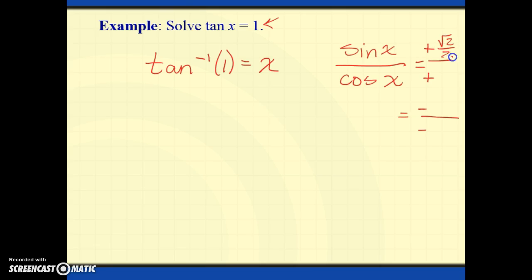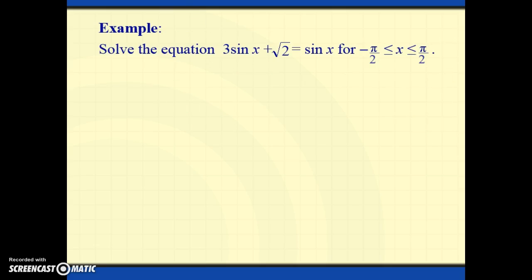The only time that happens is when those values are root 2 over 2. So I have two possibilities: quadrant 1, which is an angle measure of pi over 4, and quadrant 3, where both x and y are negative, which is 5 pi over 4. So two possibilities to answer that one as well.